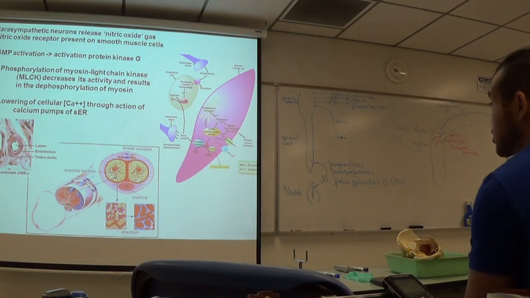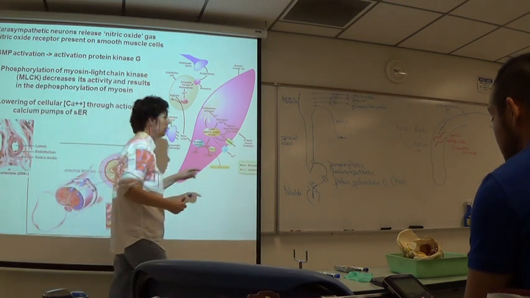This results in smooth muscle relaxation. So the reason the smooth muscles of the penile arterioles relax is because of parasympathetic innervation. So erection is a parasympathetic event. It's autonomic. So the reflex is going to be caused by sensory stimuli.